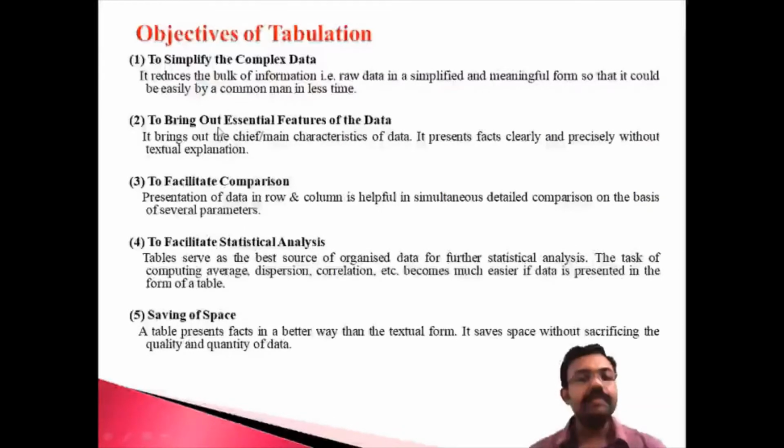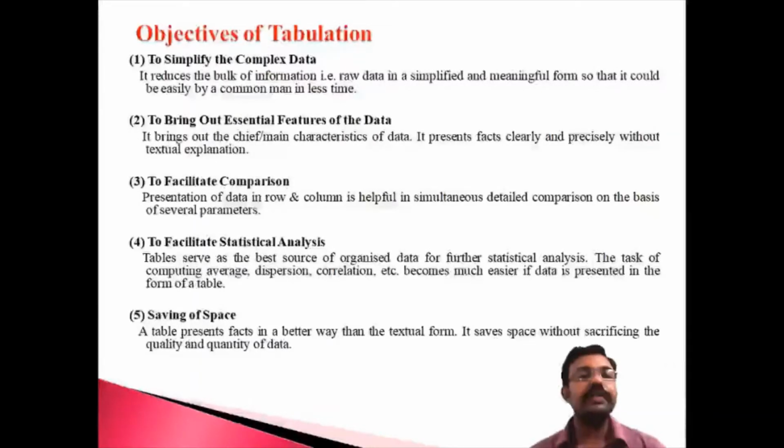And the second one is to bring out the essential features of the data. This is another important objective of tabulation, to bring out the essential features of the data. That means presenting the information clearly and precisely. Tables always present the information clearly and precisely without textual explanation.